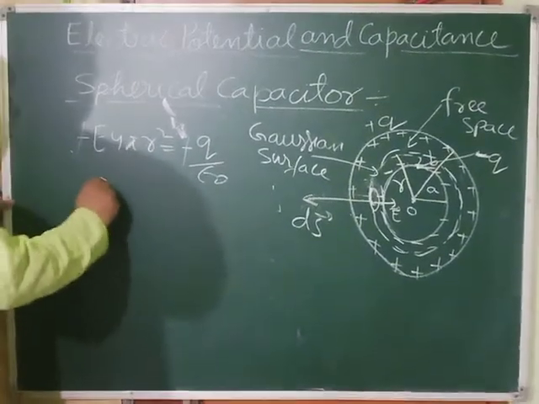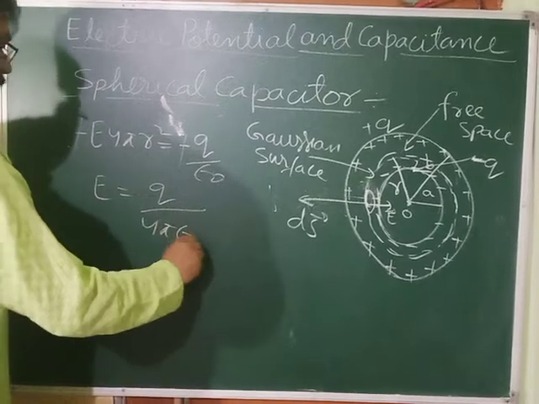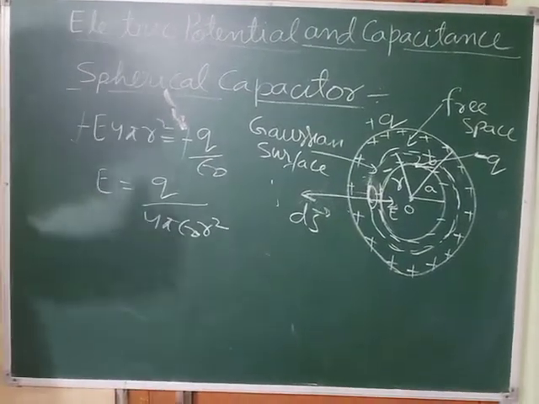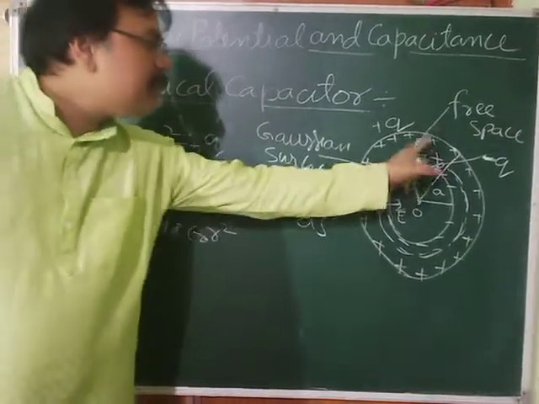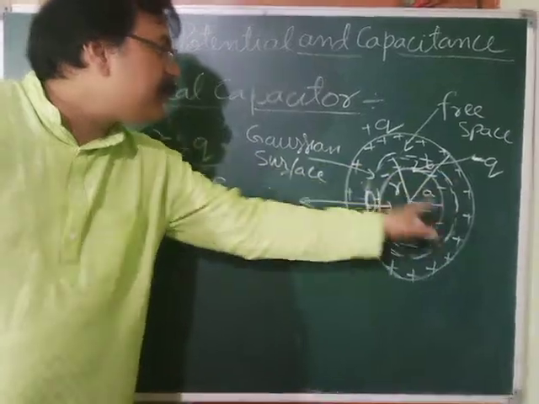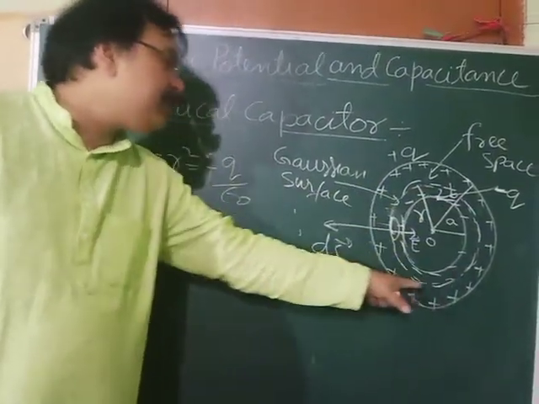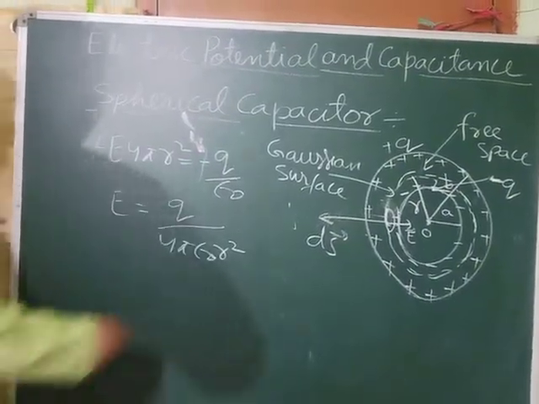Secondly, what you will get? E is equals to Q by 4 pi epsilon naught r square. That's what you will get. That is the electric field at any point between these two spherical shells, at a distance r from the center. Either here or here or here or anywhere. So this is our electric field.